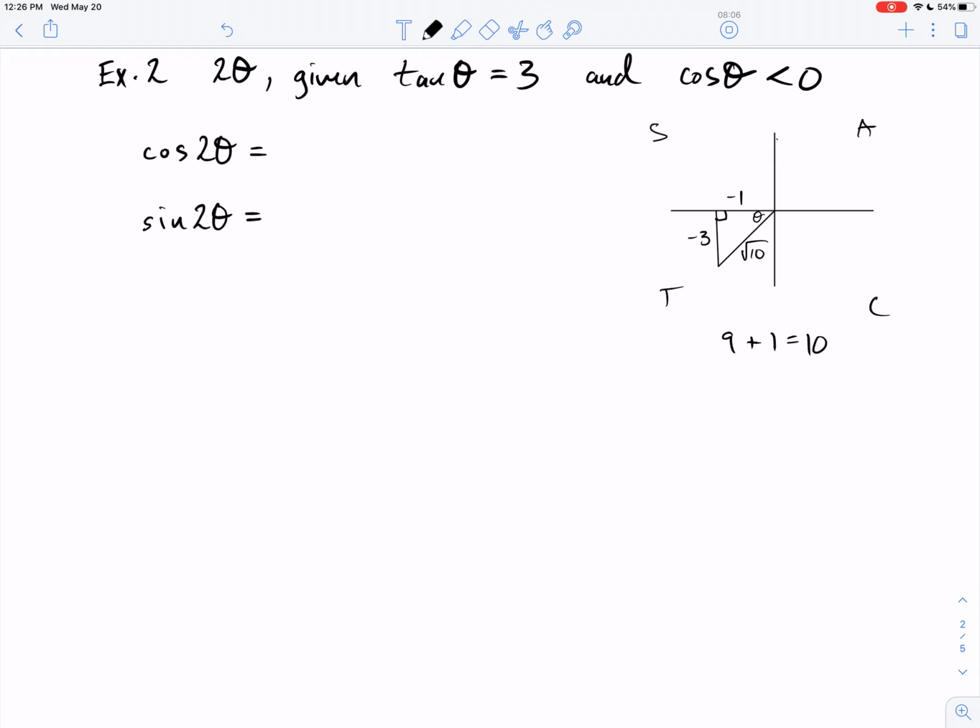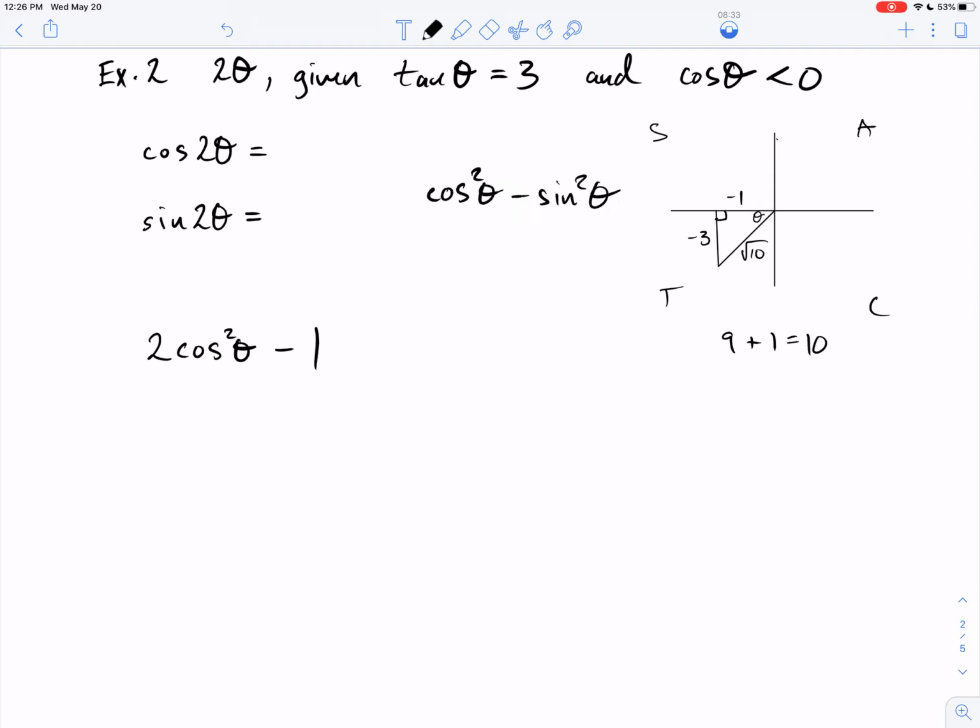So I'm going to do the cosine 2 theta thing just a little bit differently this time, just for kicks. I know that the cosine of 2 theta could also be written using this version of the formula. I could say it's the same as 2 cosine squared theta minus 1. I don't have to use this guy again.